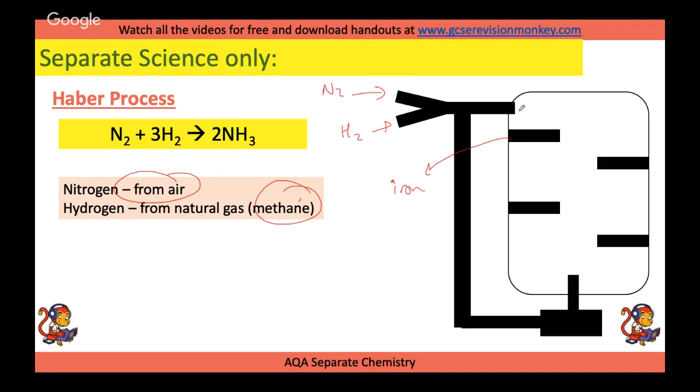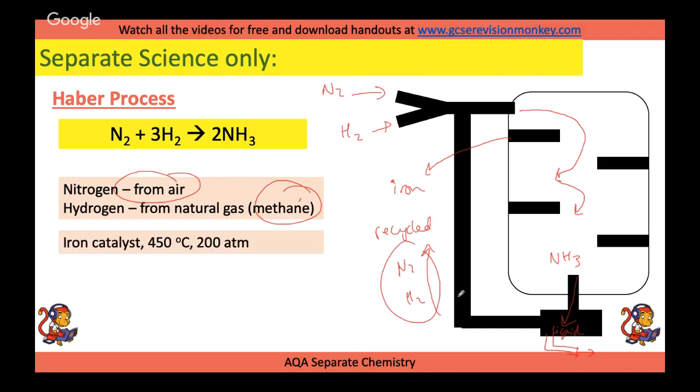The nitrogen and the hydrogen will react inside this vessel and will produce ammonia, which is cooled and turned into a liquid, and every now and again the tap is released and that is taken out when it's reached equilibrium. Then the nitrogen and the hydrogen are recycled back round in the chamber. So those are recycled, and it's the liquid ammonia that's taken out of the bottom.